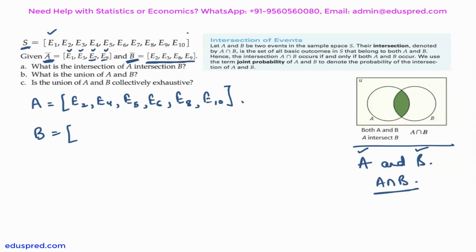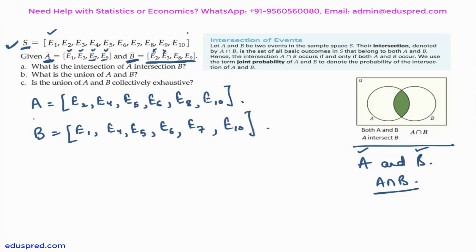So other than these 4 outcomes that we have, all the other outcomes of the sample space will go into B. So here we are going to have E1, then E2 will not be there, E3 will not come, E4, E5, E6, E7, then E8 will not be there because it's there in B complement. E9 will not be there, that is also there in B complement. And lastly, we have E10, right?